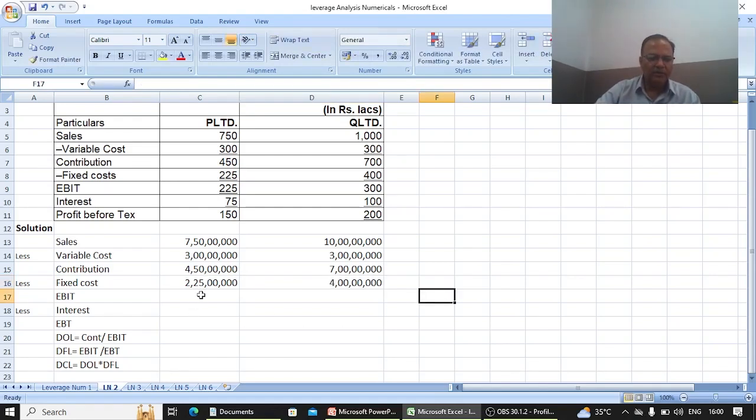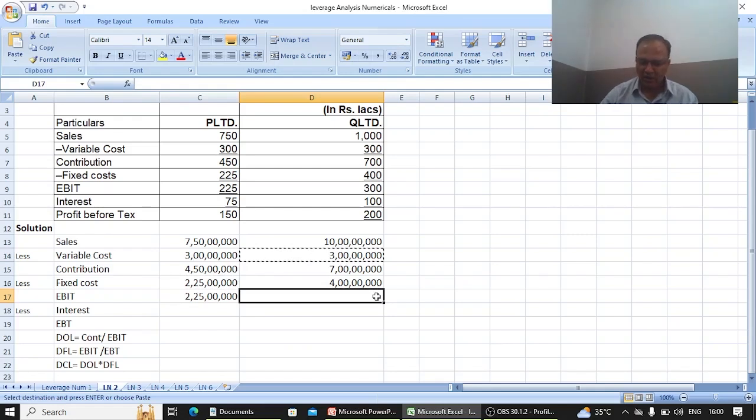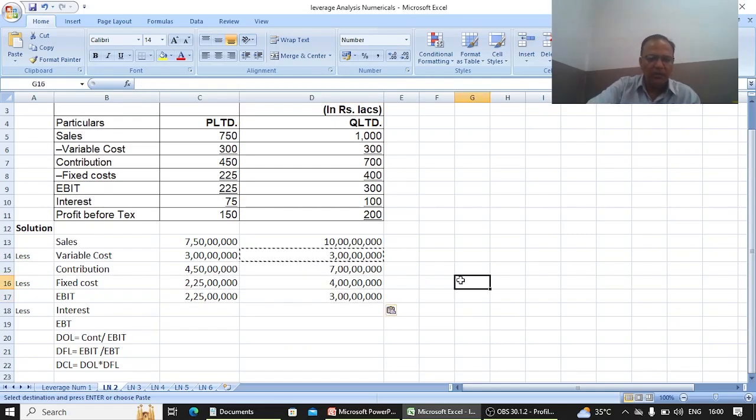Now remaining is EBIT. Remaining will be 225 and here remaining will be 3. If we deduct 4 from 7, then 7 minus 4 will be 3.